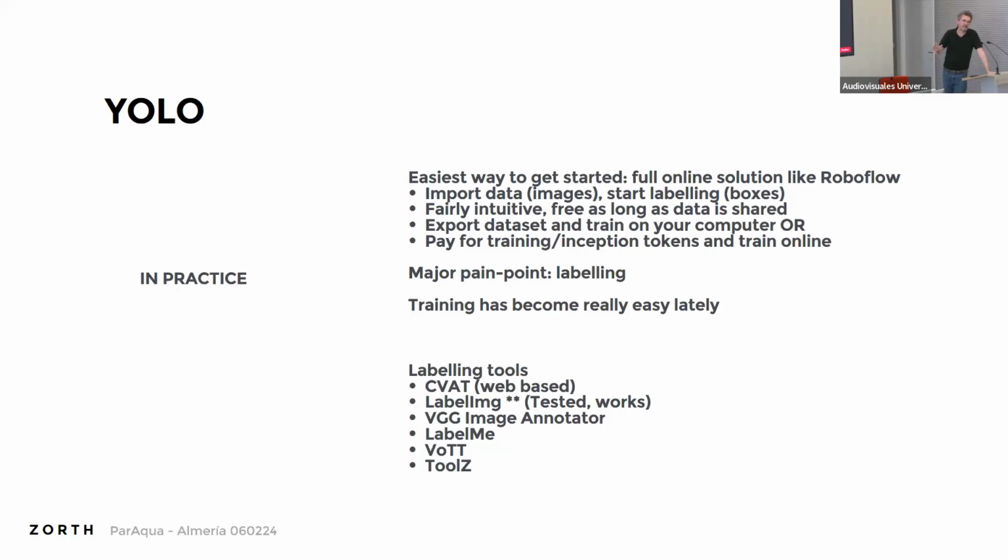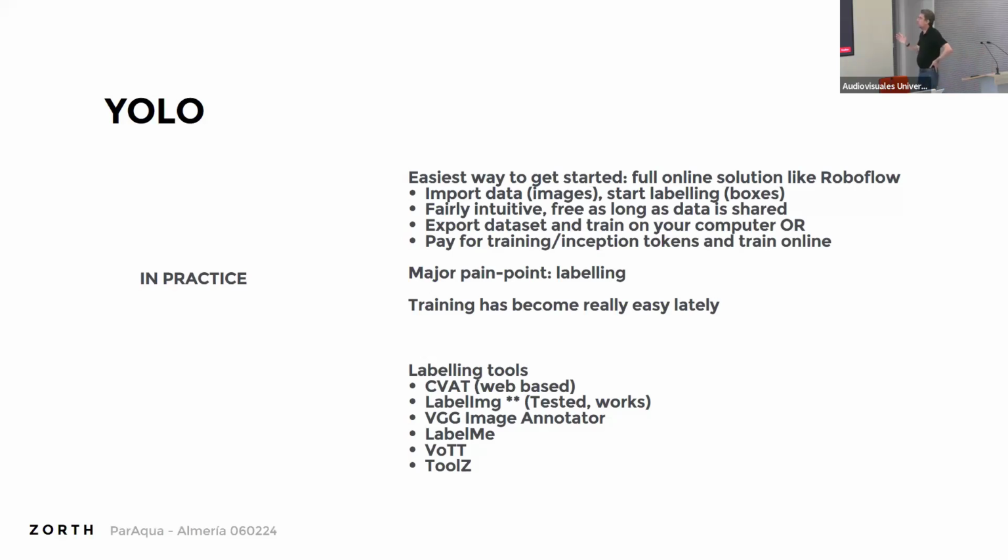And these guys will let you label the data using their online tools that are not great but not bad. They will let you import your data. That's fairly intuitive. After you've done this course, you're able to use that. You can export your data sets. You can train away from their environment, or you can pay for training inception tokens and train online.